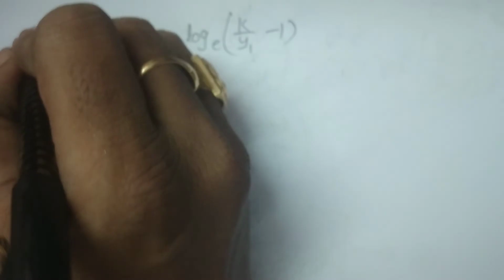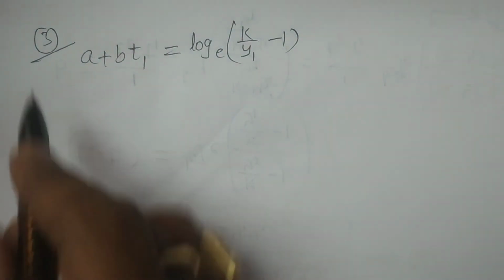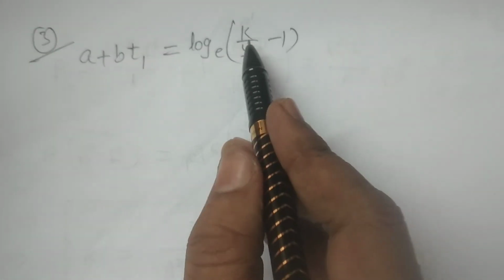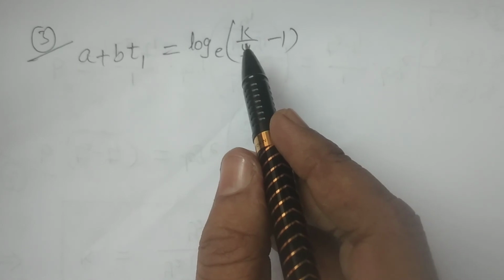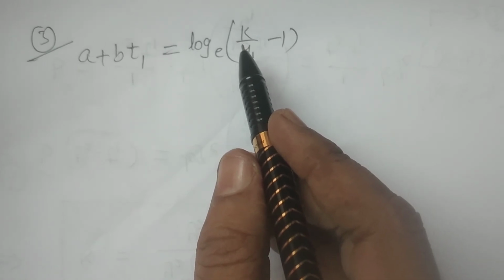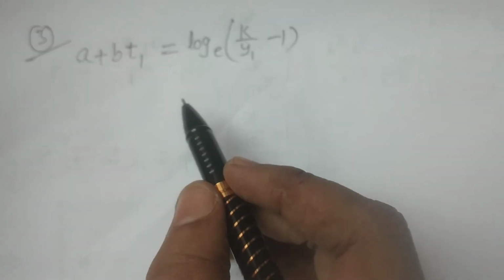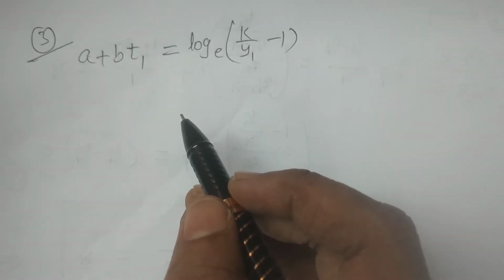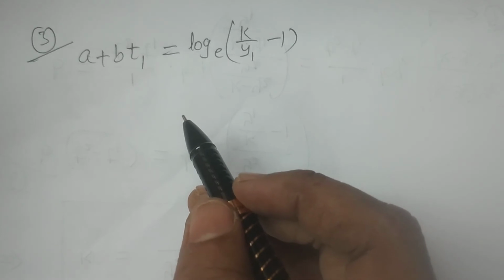This is equation 3. In equation 3 we are substituting the values of b and k. Already b is calculated, and k is already calculated.